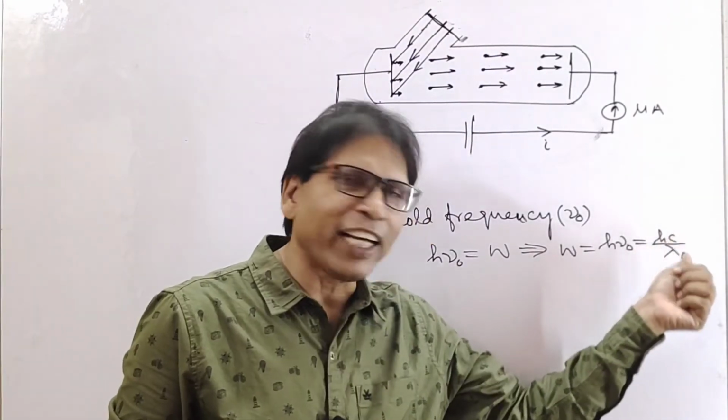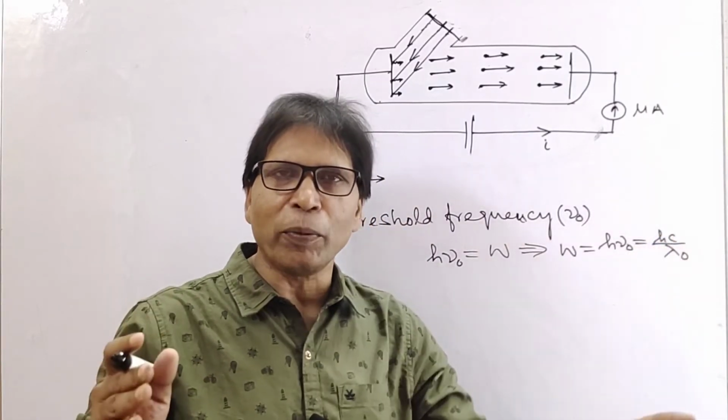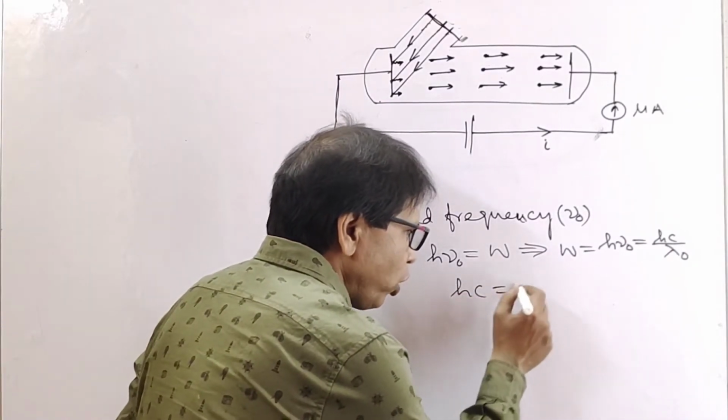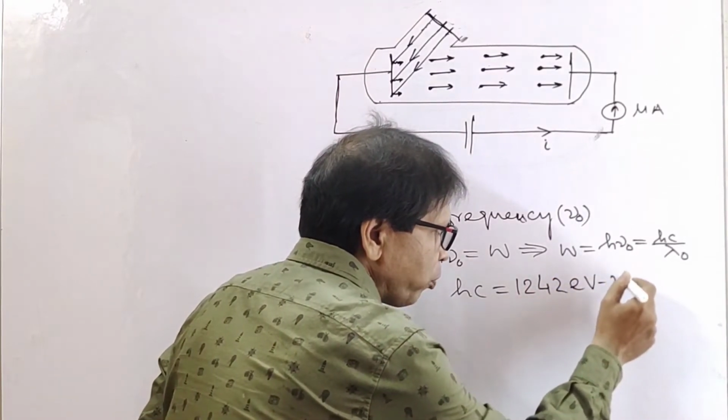Here h is the Planck's constant and c is the velocity of light in vacuum. Look at this, hc is equal to 1242 eV nanometer.